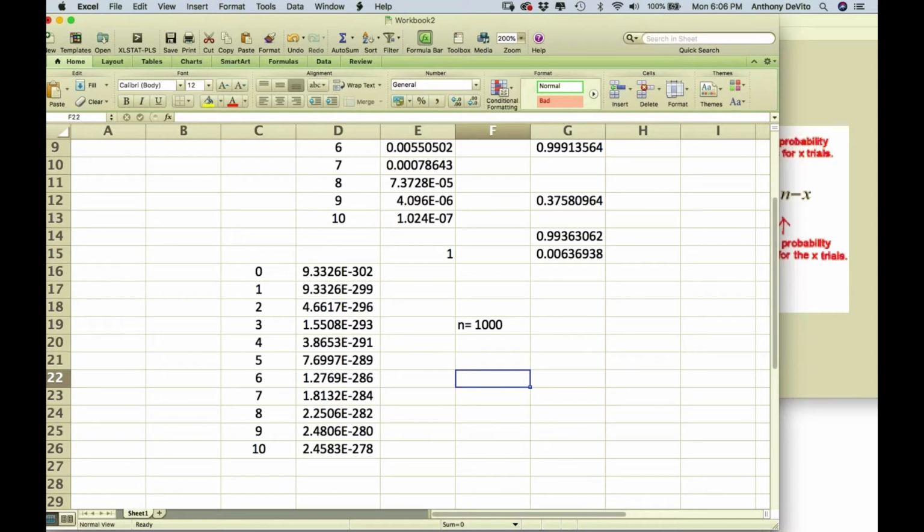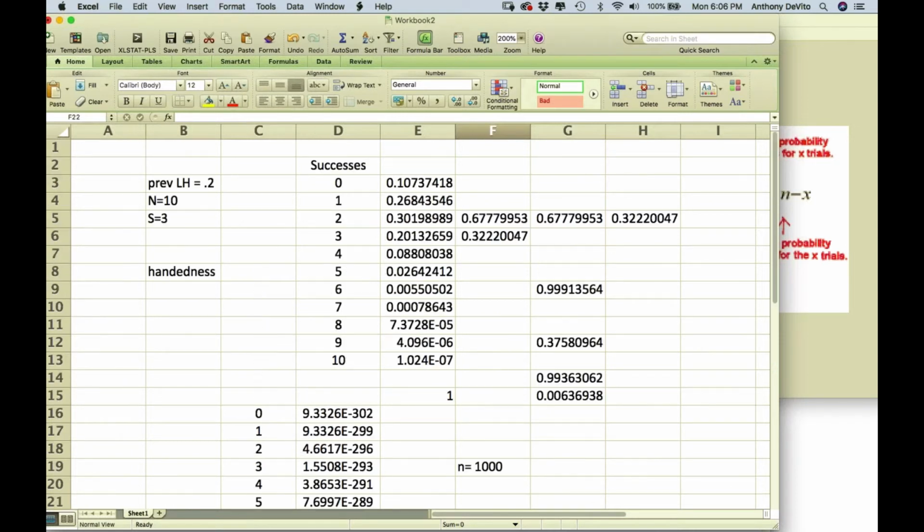The most likely outcome is going to be 500 heads and 500 tails, because it's a 50-50 chance. But that's not going to happen most of the time. Just like here, the most likely outcome was 20% of the time, but it didn't happen exclusively. There are a lot of other possibilities. But what I did notice was that based on chance alone, as I got further and further from the most likely outcome, look at that as kind of a mean, the less likely that outcome would be.